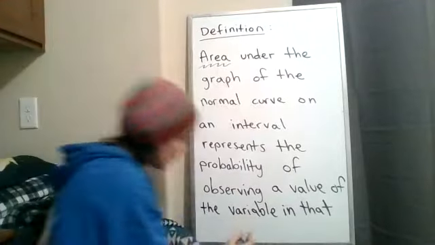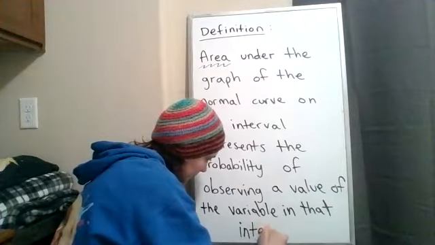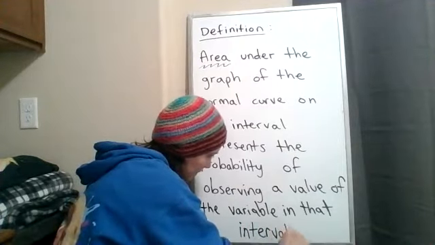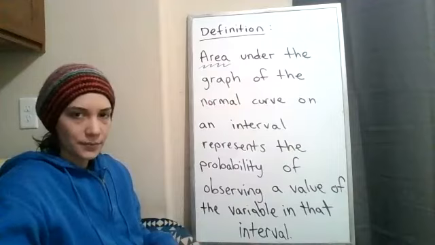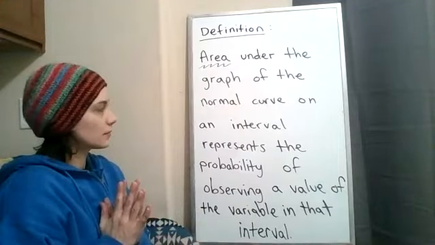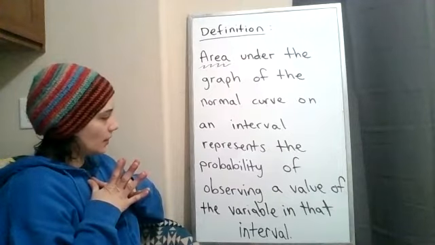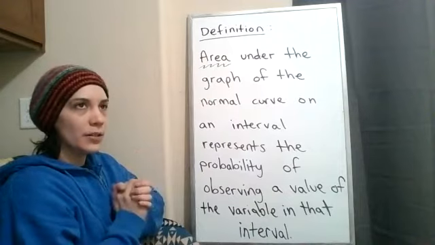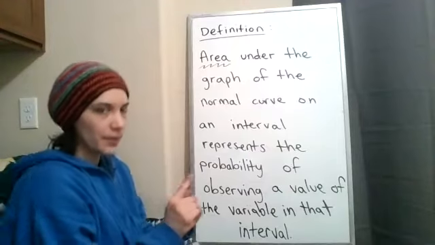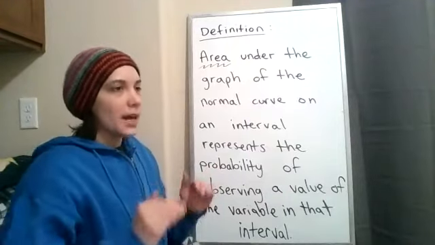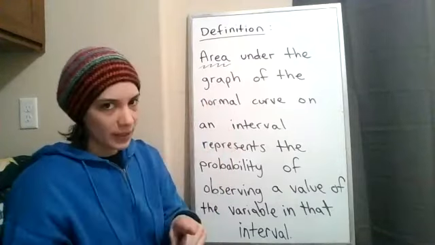Okay, I can squeeze this last part in. So I'm going to try to remember that a place to get started with these is talking about the interval that we're interested in, and then looking at the area under the curve, and then knowing that that area represents a probability.